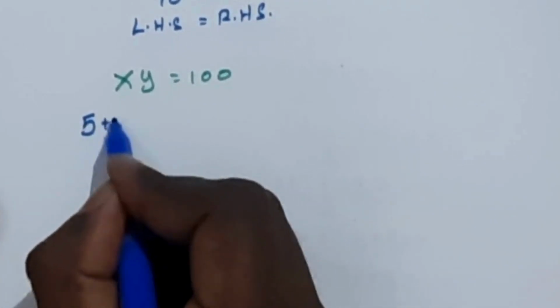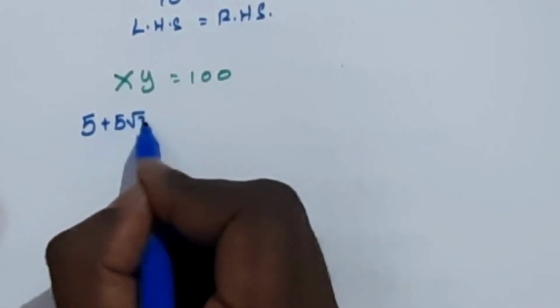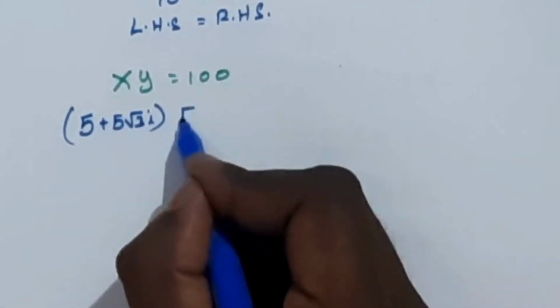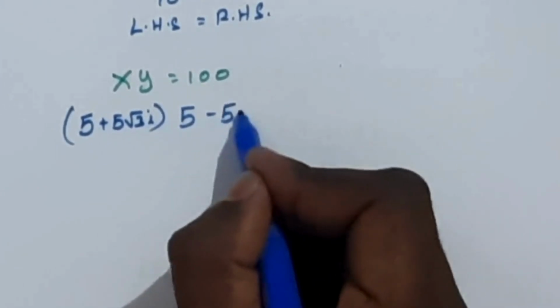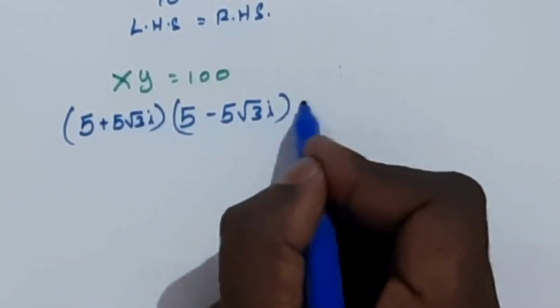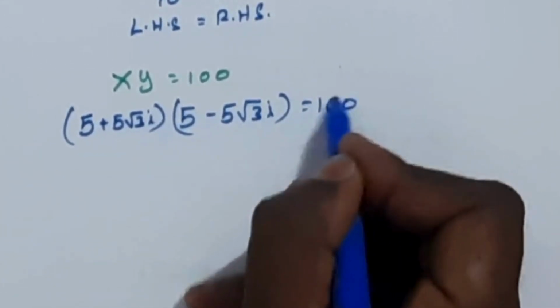5 plus 5 square root of 3i times 5 minus 5 square root of 3i equal to 100.